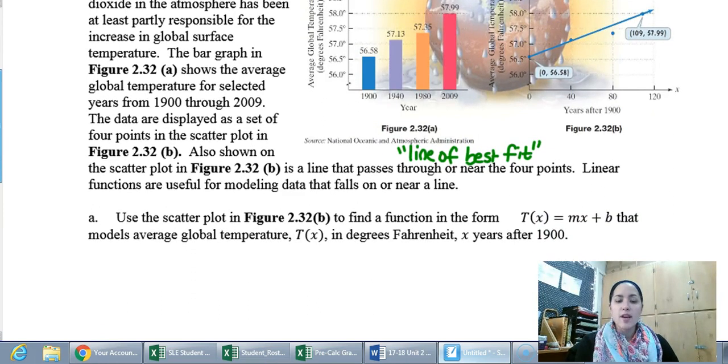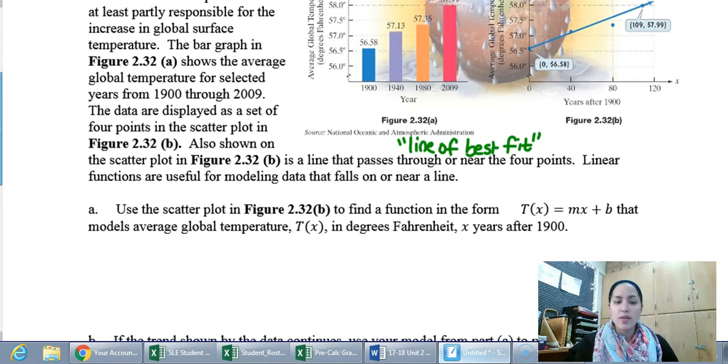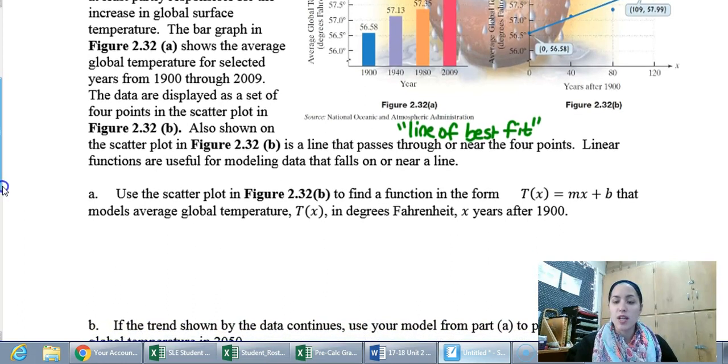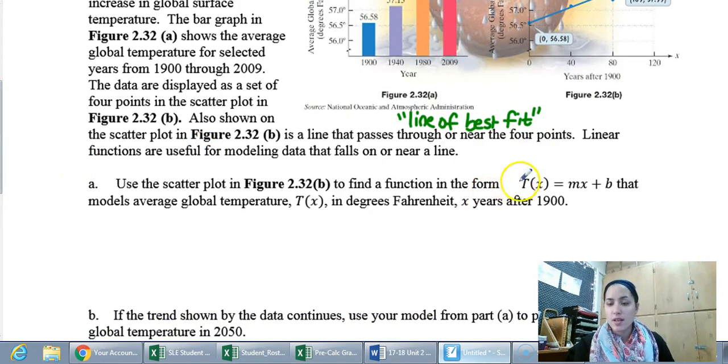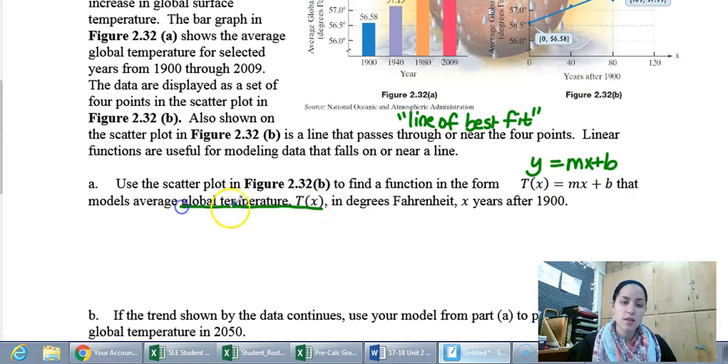It says, use the scatter plot in figure 2.32b to find a function in the form, so notice, it says T of x equals mx plus b. In my brain, I automatically see y equals mx plus b. It means the same thing. That models average global temperature, T of x, in degrees Fahrenheit, x years after 1900.